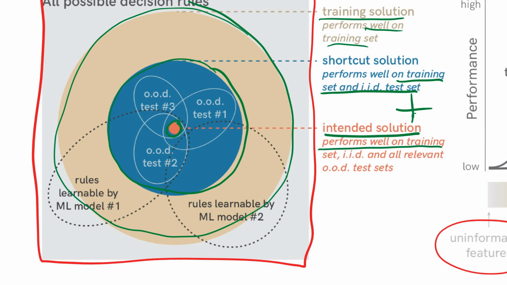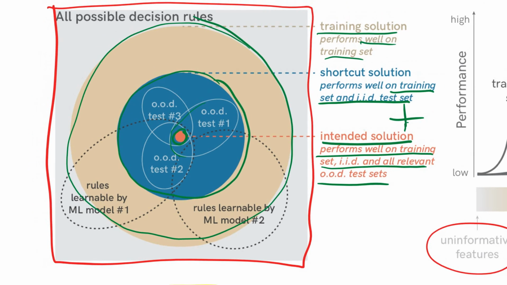It performs well on the training set, IID, and all relevant out-of-distribution test sets, right? And they draw this in here. The solutions that work on the OOD test sets are subsets of the solutions that work well on the IID test sets.